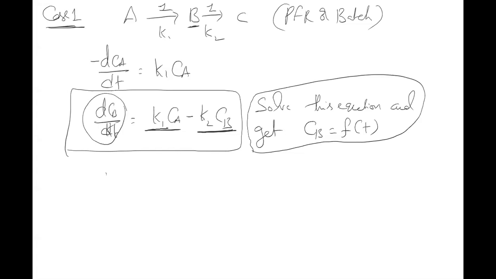How do you solve this equation? dCB by dt plus K2CB is equal to K1CA. Is CA dependent upon time or is CA constant? Does the concentration of A vary with time or is it constant?